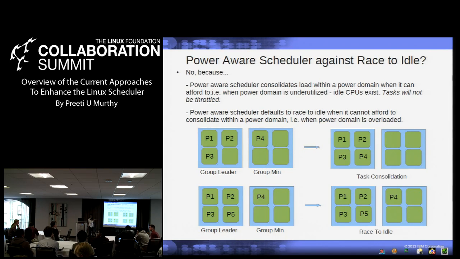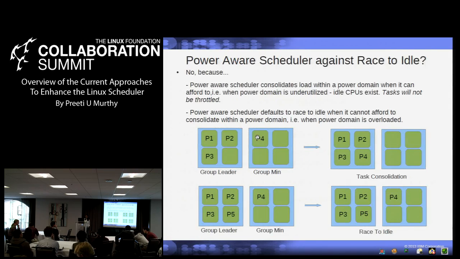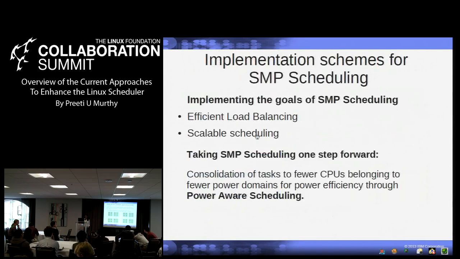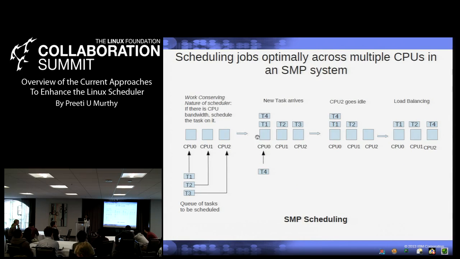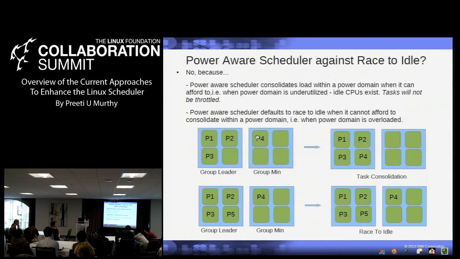I am referring to another slide which shows CPU 0 and CPU 1. CPU 1 is in a deep idle state and CPU 0 is not. You were talking about favoring the CPU that's not in a deep idle state.